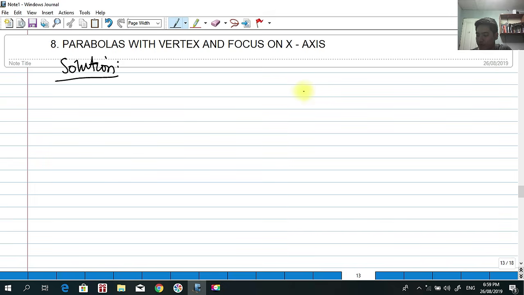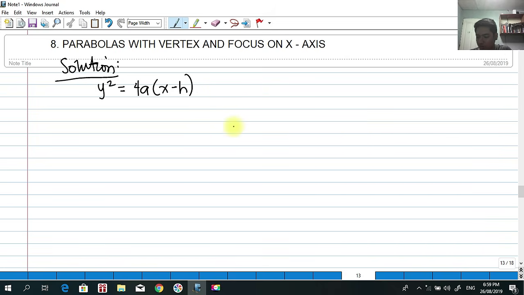So definitely it's an equation having this standard formula again for what? For parabolas with vertex and focus on the x-axis. This would be our working equation. y squared is equals to 4a(x minus h). Okay, vertex here at the x-axis and the same, the focus is the x-axis.